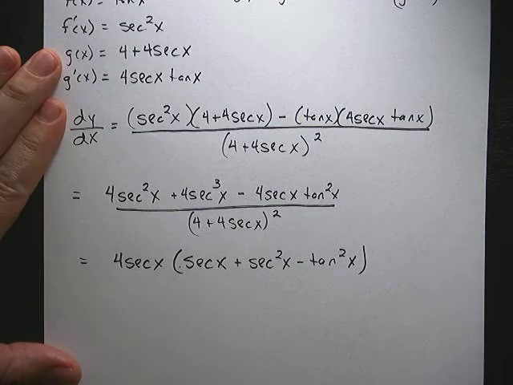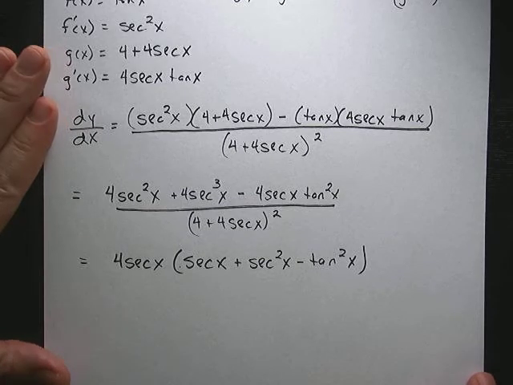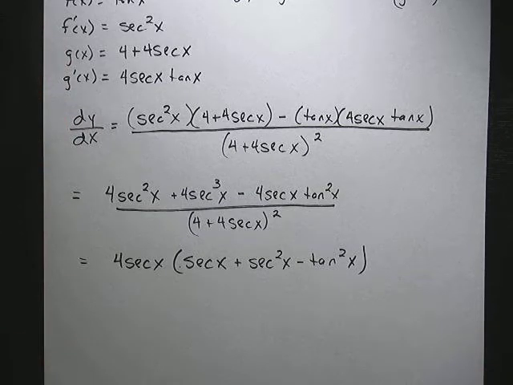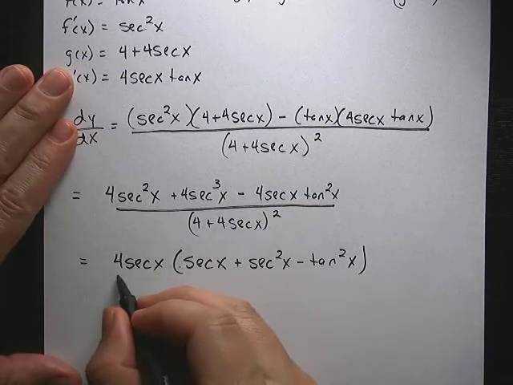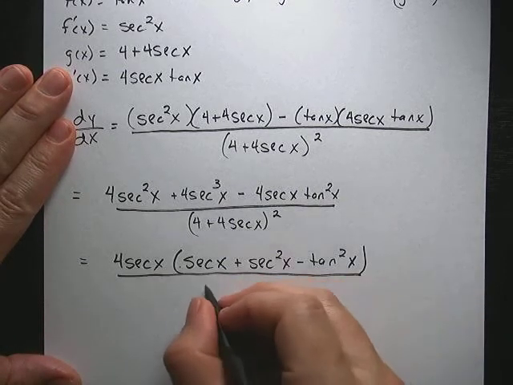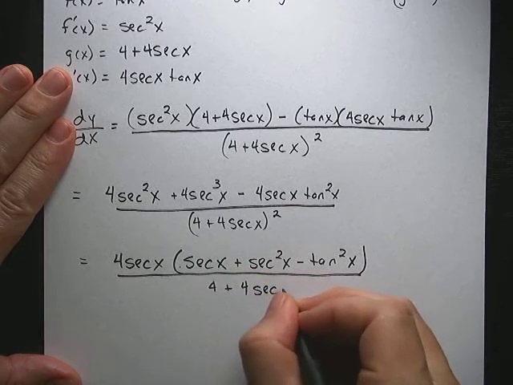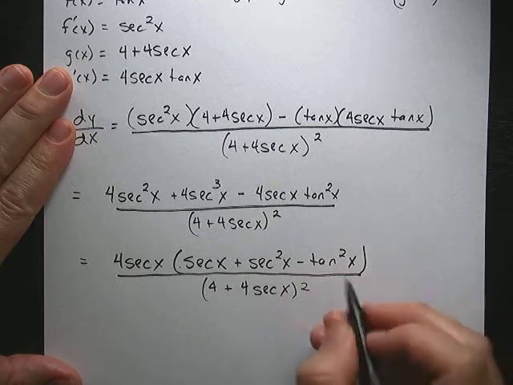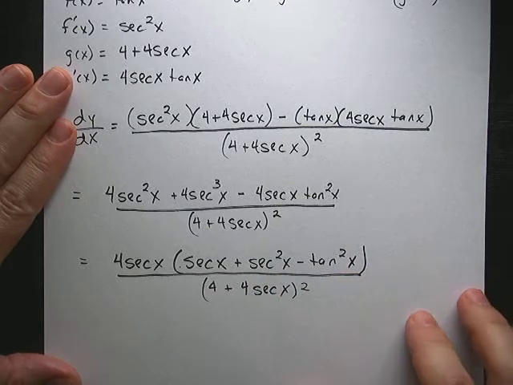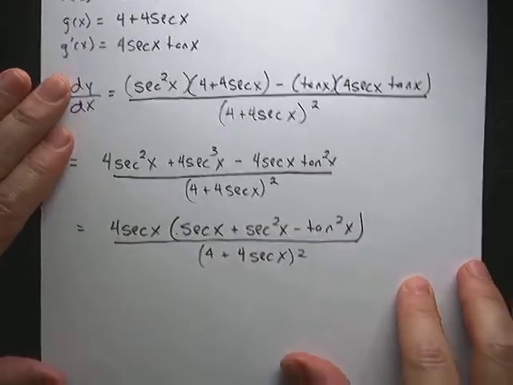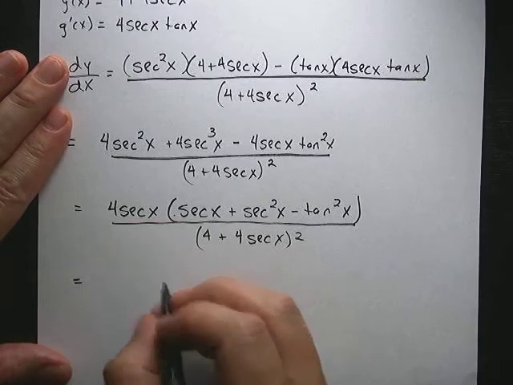Okay, we might need to do a little more work to reduce this. Oh, you know what, let's go ahead and write the denominator first. Don't want to miss that. Okay, let's replace the tangent squared x with secant squared x minus 1. That's a trig identity. Let's see what happens there.